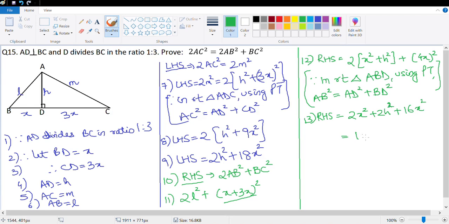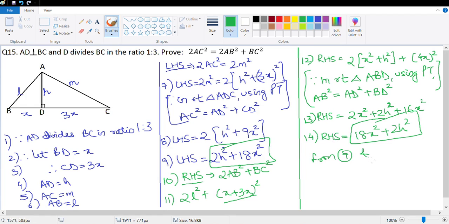So this is equal to 18X square plus 2H square. Is this equal to my left hand side? Yes, 2H square plus 18X square and 2H square plus 18X square. So from 9 and 14 we have LHS is equal to RHS is equal to 2H square plus 18X square. So hence proved.